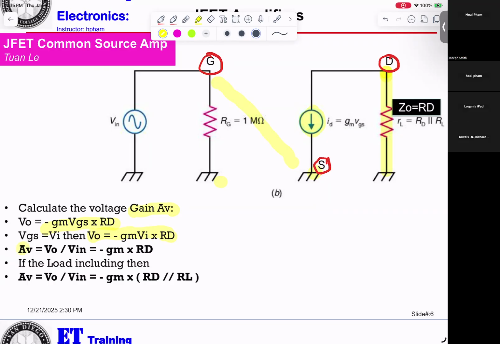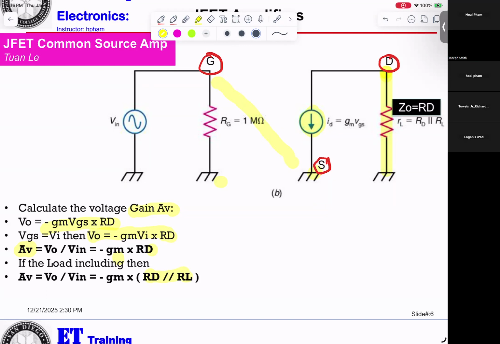And the voltage gain AV equals Vout divided by Vin, and that will be equal to minus gm times RD. If the load is included, AV equals Vout over Vin, minus gm times RD parallel with the load.